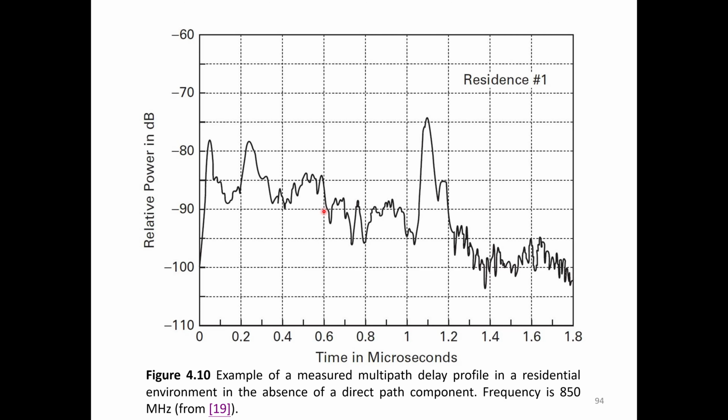So the x-axis is also time in microseconds from 0 to 1.8 microseconds, and the y-axis is the relative power in dB from negative 110 to negative 60 dB. The environment is residence number 1. We can see that as time increases, the relative power decreases, also not in a monotonic way.